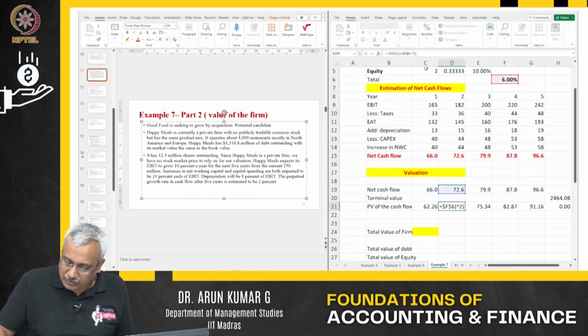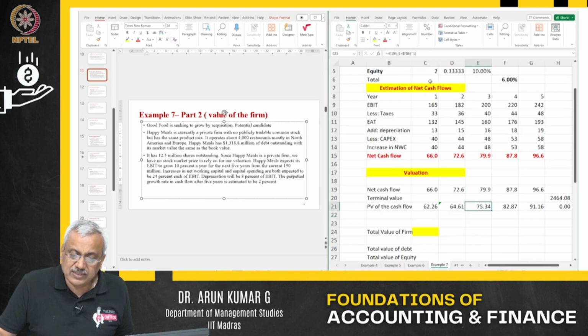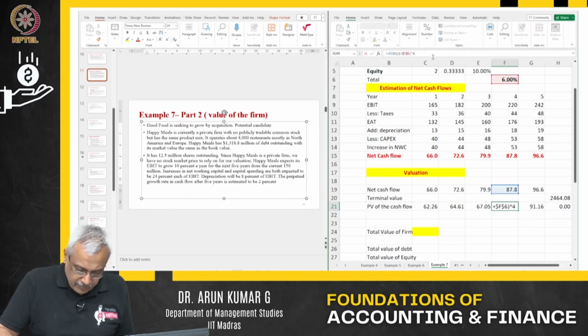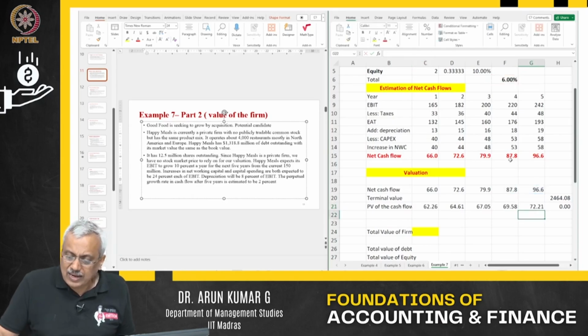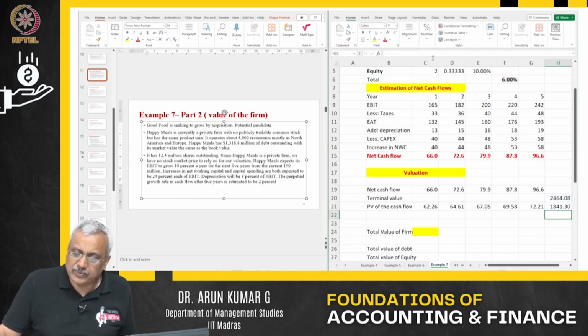This is going to be discounted for 2 years, this for 3 years, this for 4 years, this for 5 years, and this terminal value is also going to be discounted for 5 years, because I have used the 5th year cash flow to arrive at it. That is the value I have got as of the 5th year.